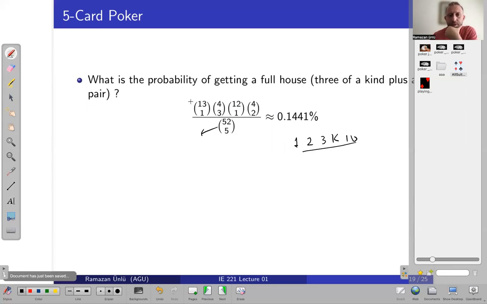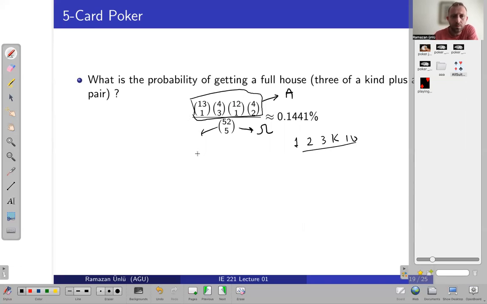And please try to understand this part to calculate the probabilities. Simply, this is the A, and this is the omega. As I say, we will solve this problem in the classroom.